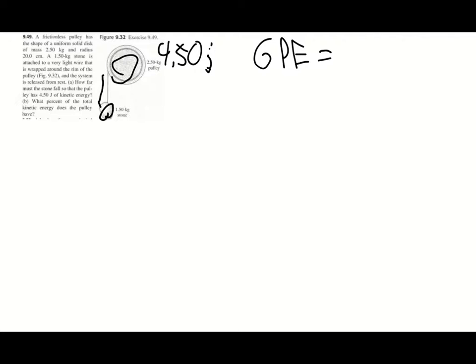It doesn't have any GPE there. At the bottom, it's going to have two types of energy. It's going to have kinetic energy in the stone, that's going to be translational. And then it's going to have some form of rotational energy, maybe, that's going to be in the pulley.